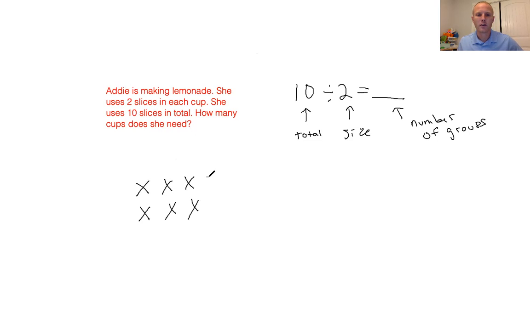I am very aware that up until now, we have been very strict about the size of the row being the number of columns and the number of groups being the number of rows. There was a purpose and a reason for that, and it really helped us identify our factors and understand what questions we're asking. But at this point, when we start to make tape diagrams, it begins to matter a little less.